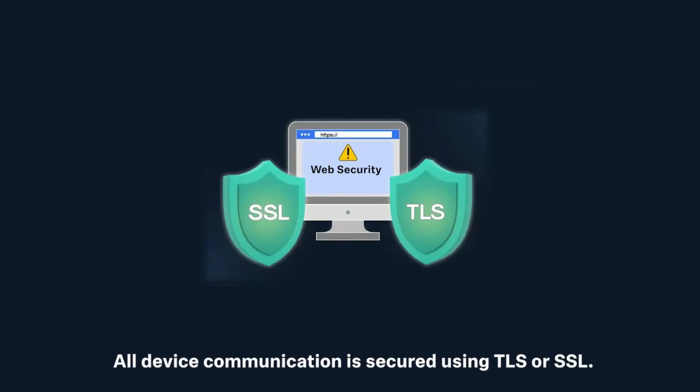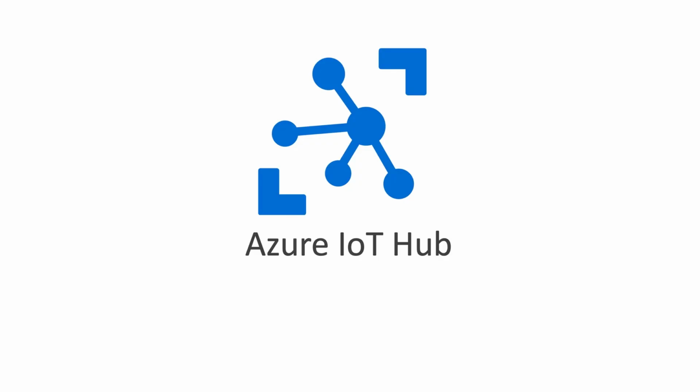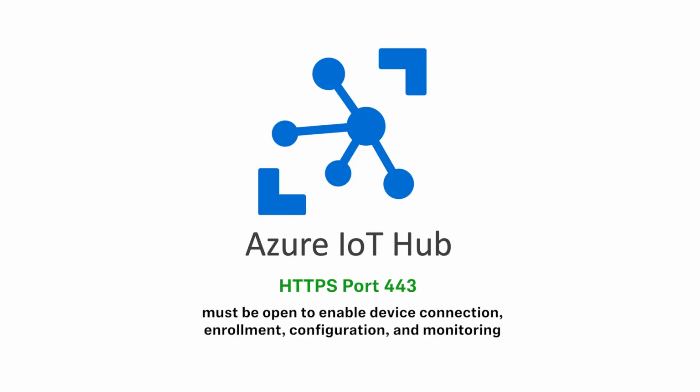Yes, it's important to remember that all device communication is secured using TLS or SSL, and specific outbound ports are required for cloud connectivity. Since Sennheiser DeviceHub relies on Microsoft Azure IoT Hub to connect to devices, HTTPS port 443 must be open to enable device connection, enrollment, configuration, and also monitoring.